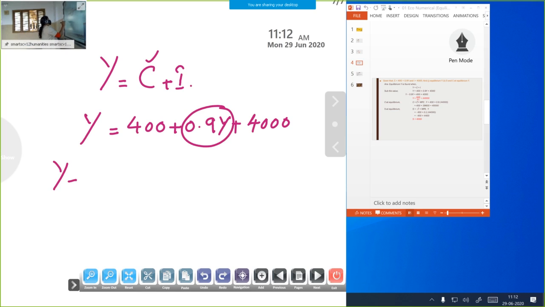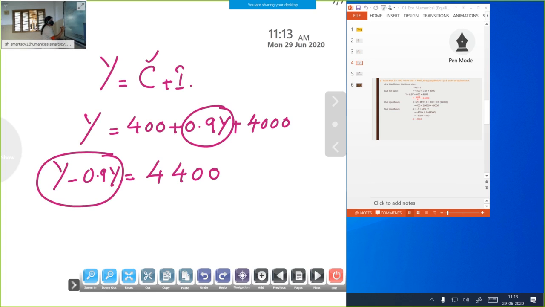This we can take on the LHS like this, 0 plus 0.9y, that is minus 0.9y, that is equal to... Then y minus 0.9y is equal to 0.1y, right?